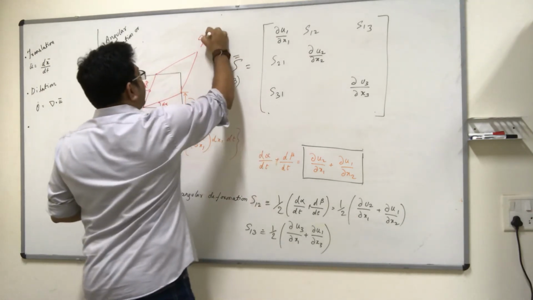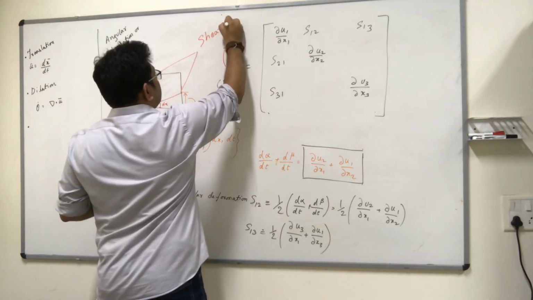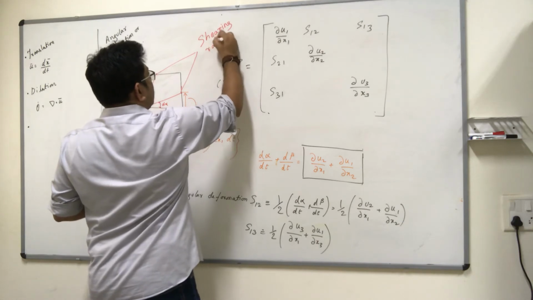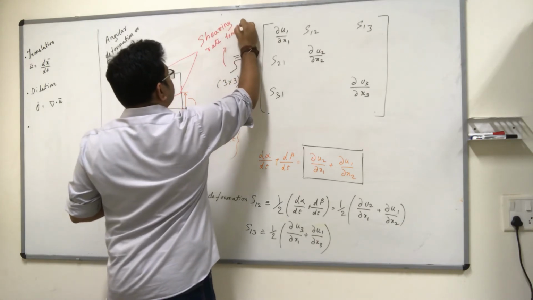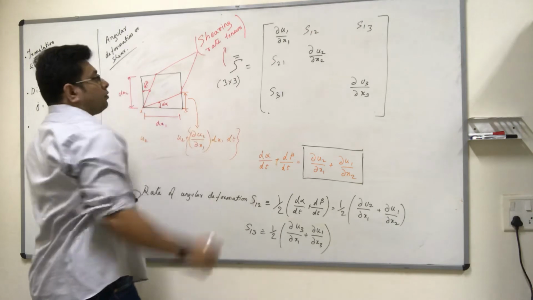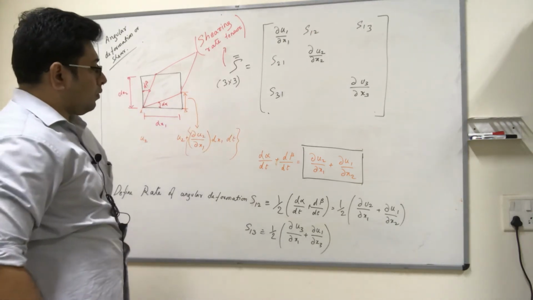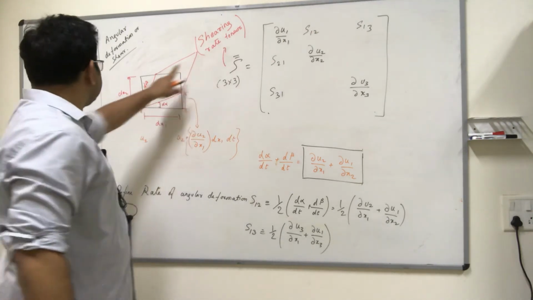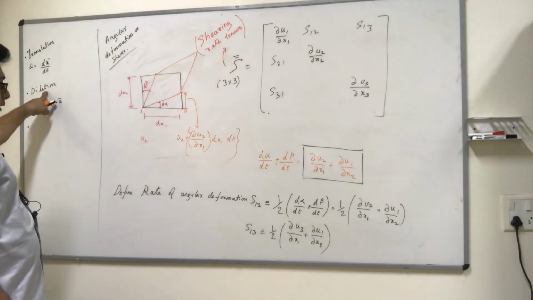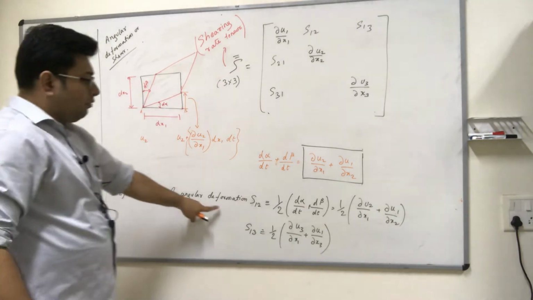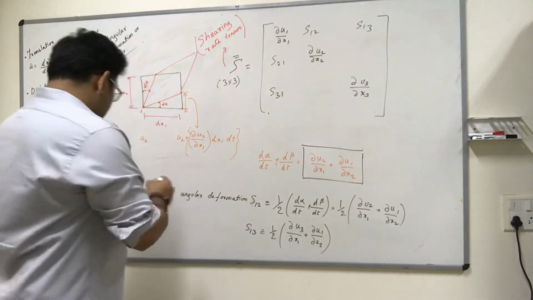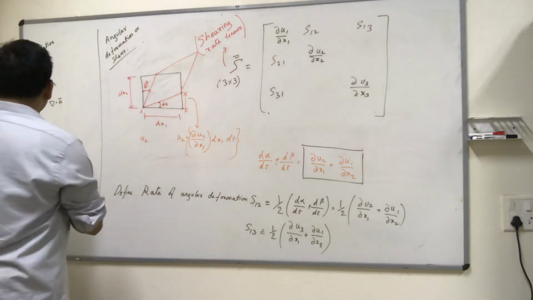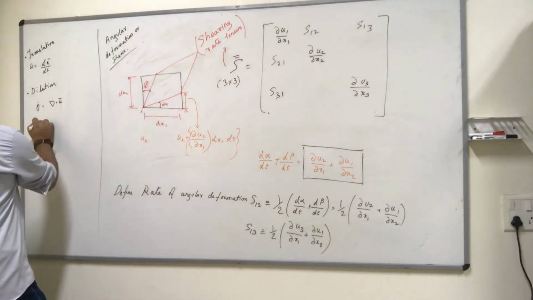I want to make sure I'm getting the name right. The shearing rate tensor takes into account my dilation as well as the rate of angular deformation.